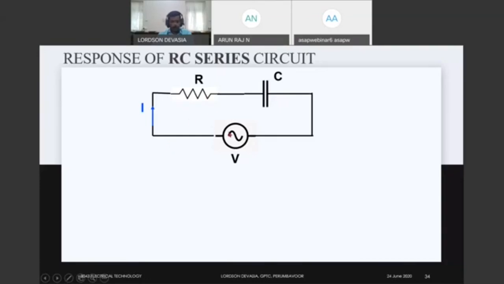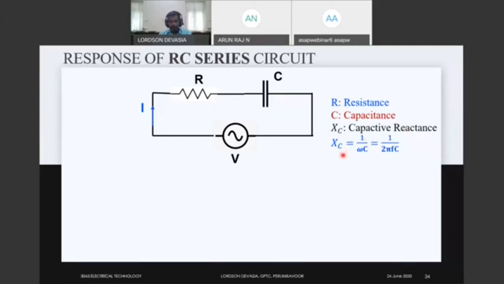So ഇവിടെ voltage കൊടുക്കുന്നു, there will be a current, and there is an opposition due to both the resistance and capacitance. R is the resistance, C is the capacitance, and XC is the capacitor reactance. We have already discussed XC is equal to 1 by omega C, that is equal to 1 by 2 pi FC.